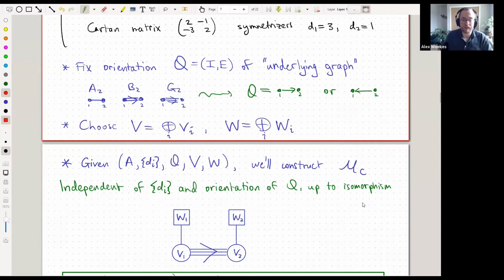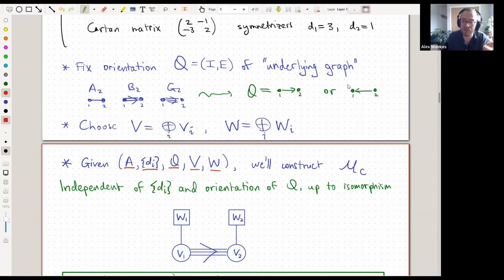So given all of this data, that is to say the Cartan matrix, the choice of symmetrizers, the choice of quiver, and these vector spaces, we can construct this variety, which we're going to refer to as a Coulomb branch. So I'll call it MC. But in fact, this construction will not depend on the choices too particularly, in the sense that you can pick whatever symmetrizers you want, and you can also choose different orientations.